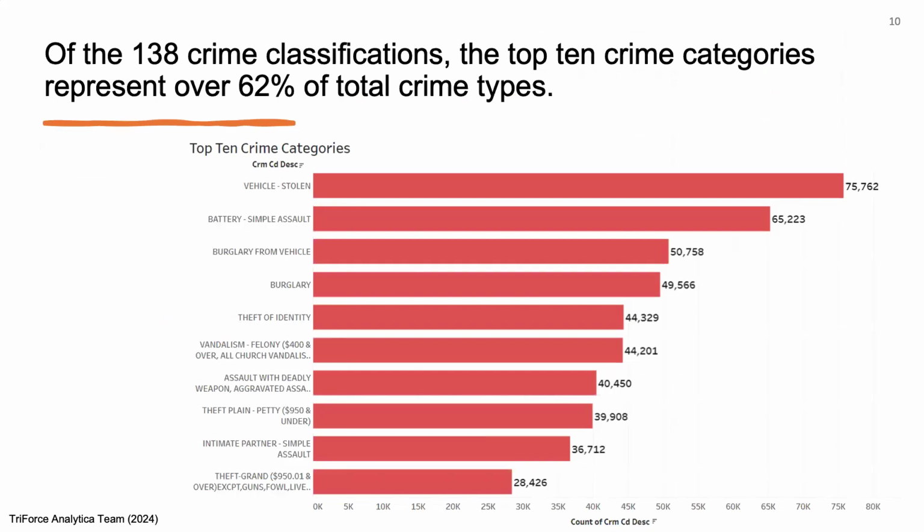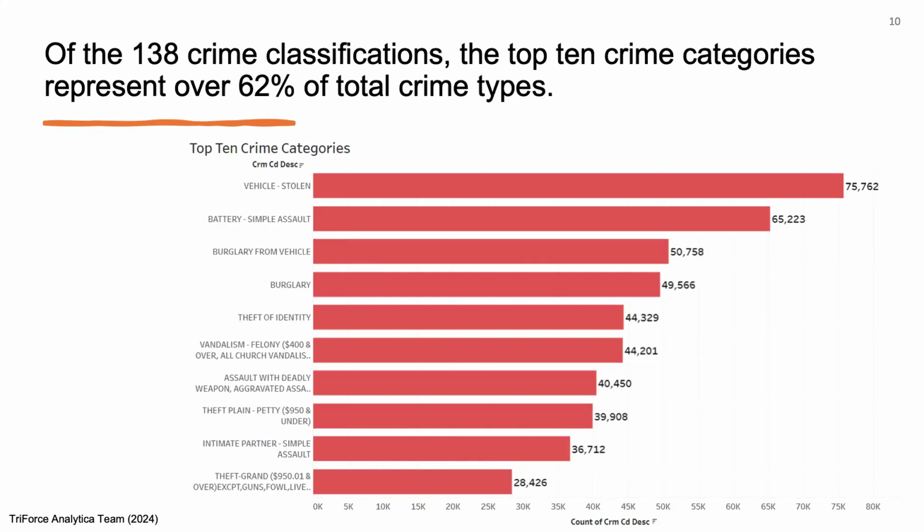Now, our target variable, of course, which is crime code description, has 138 categories. However, our EDA reveals that the top 10 crime categories account for over 62% of the total crime types. It's intriguing, however, that the top 15 categories account for over 78% of the total crime types.